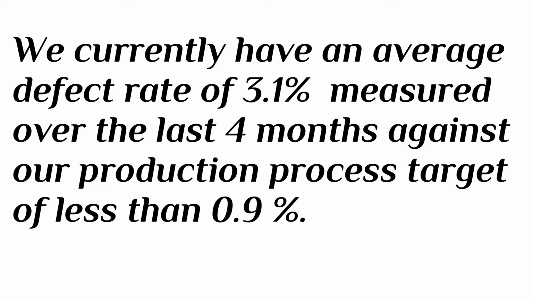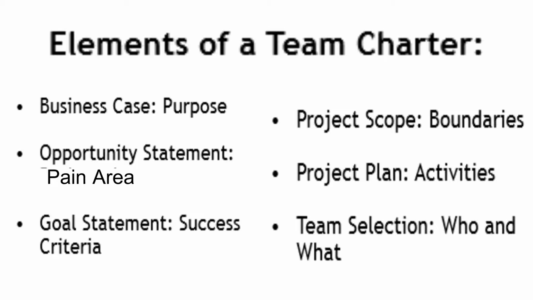That part is over. Now you have to describe the pain in your local process. We have become local now. So what is the local pain? That in my production the defect rate is 3.1% against my target of less than 0.9%.